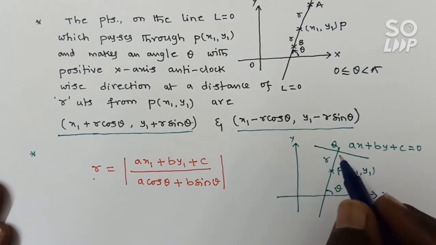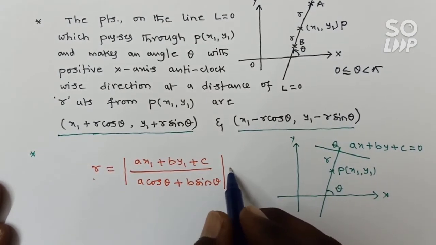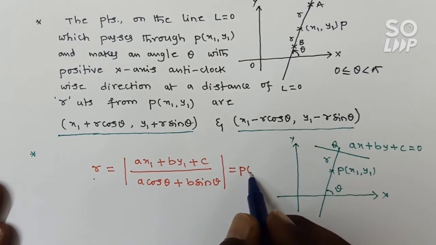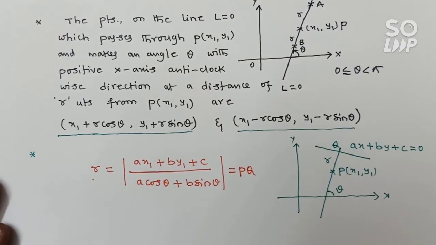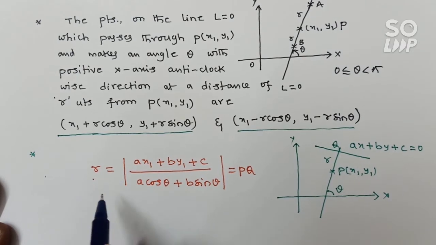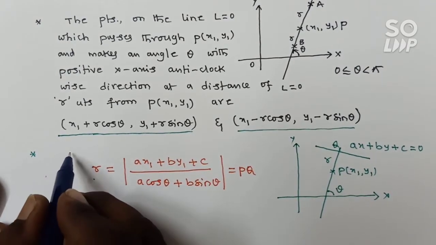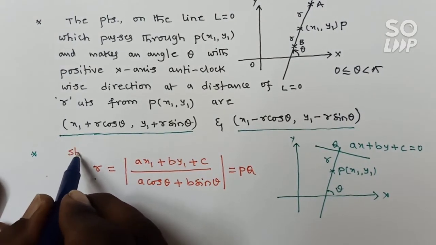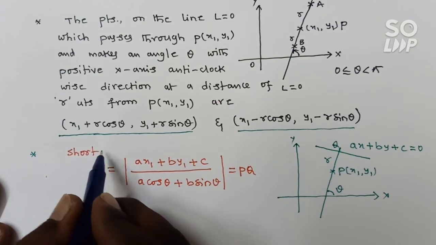Here r is nothing but the distance PQ. This is also one of the most important formulas. This is the shortcut formula.